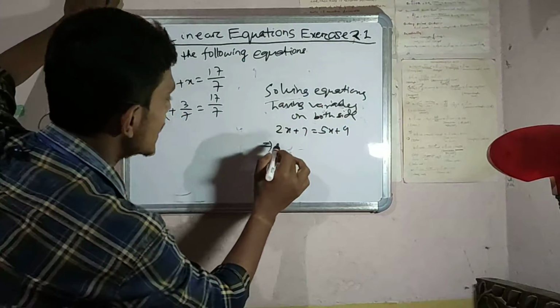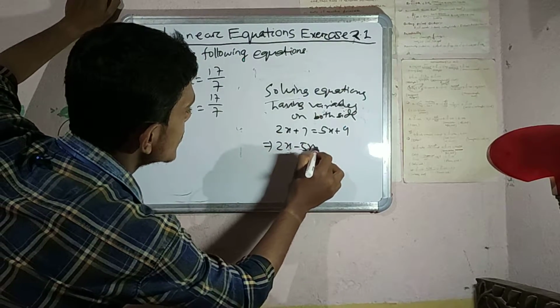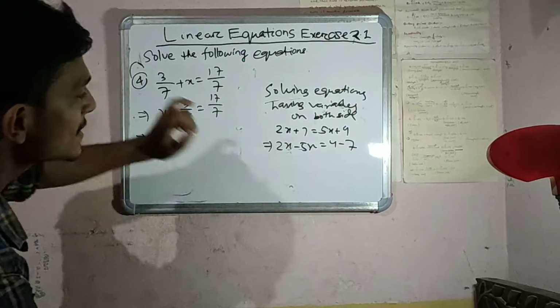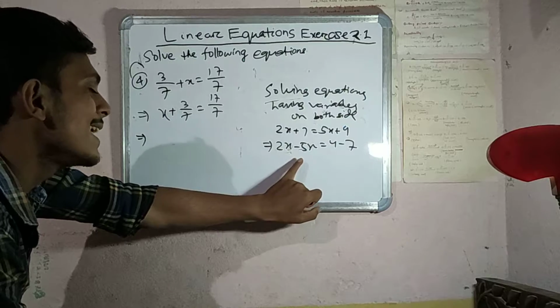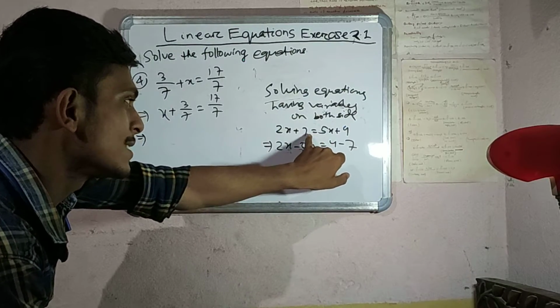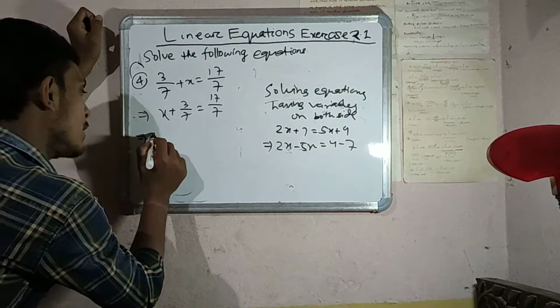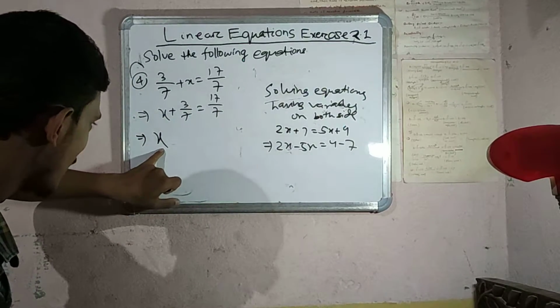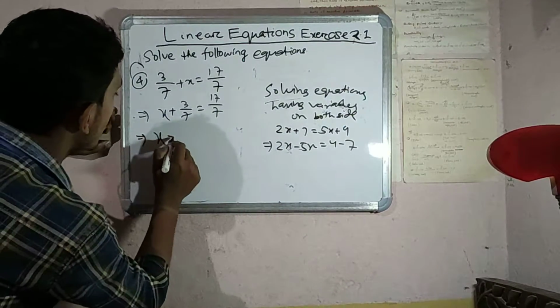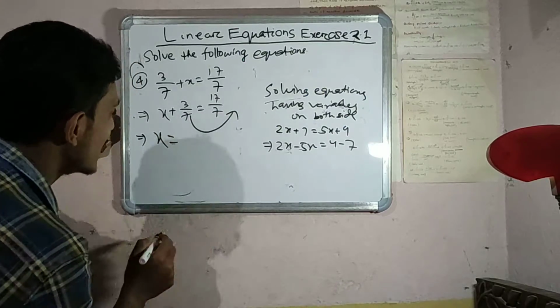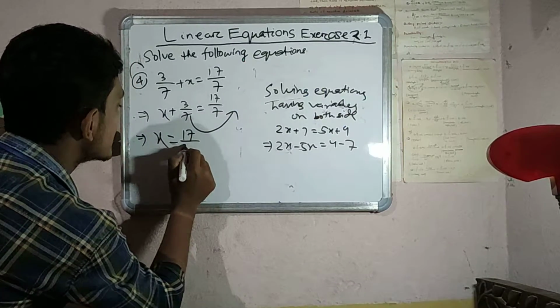What we have done is 2x minus 5x and 9 minus 7. That is, the variables go to one side and the numbers are transposed to the other side. In this way the variable remains on the left hand side and the number is moved to the right hand side. That is 17 upon 7.